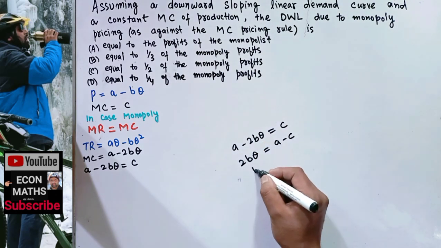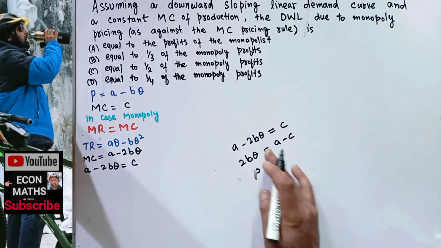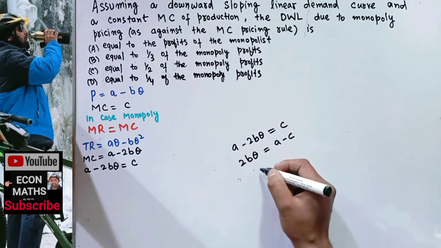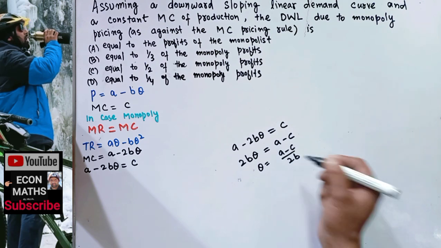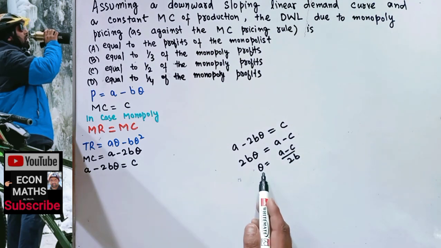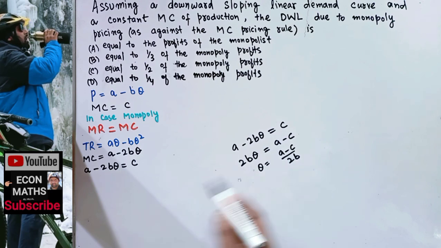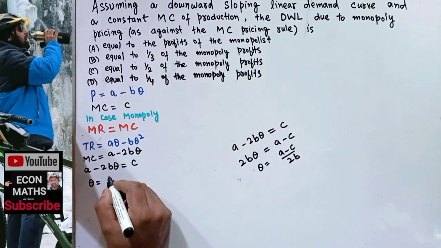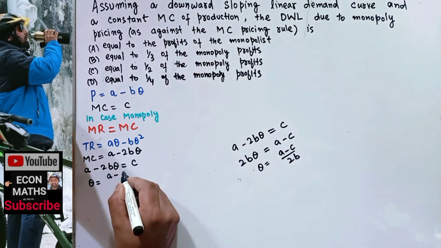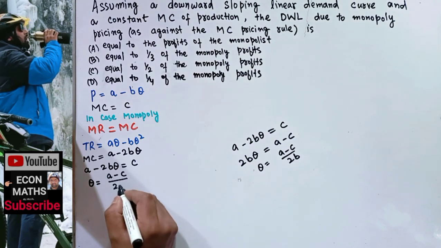That means q will be equal to a minus c divided by twice b. So the equilibrium quantity in case of monopoly will be equal to a minus c divided by twice b.